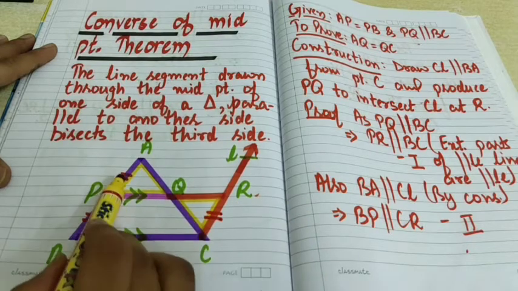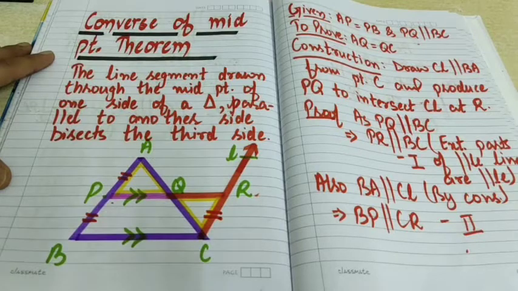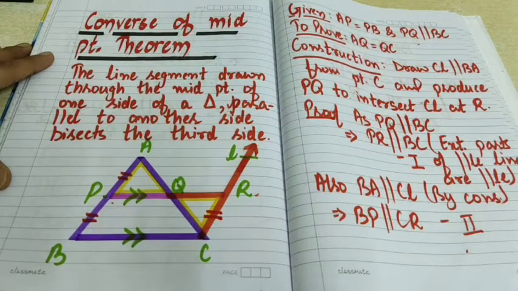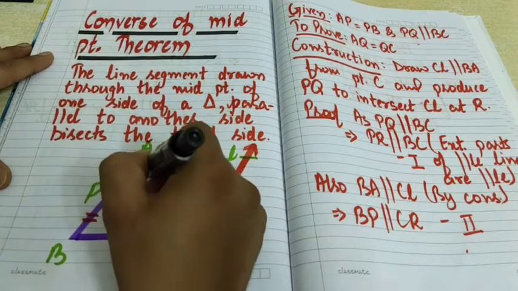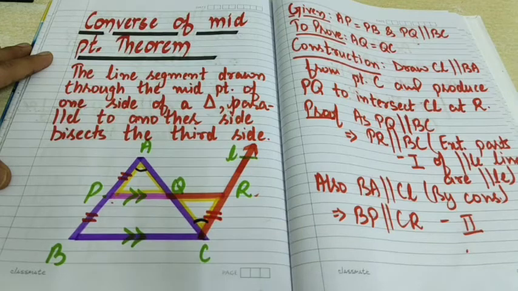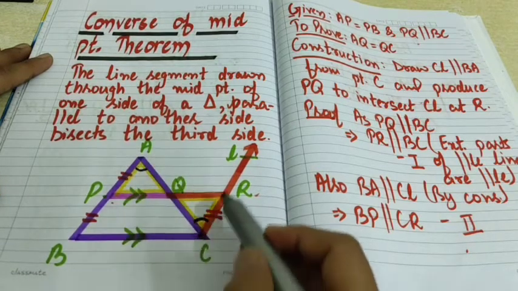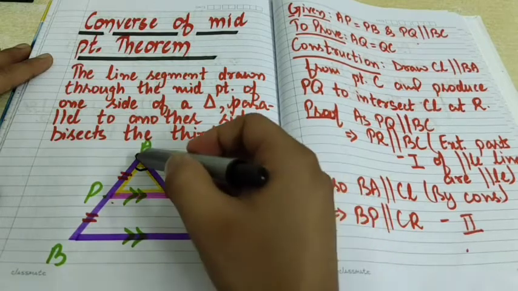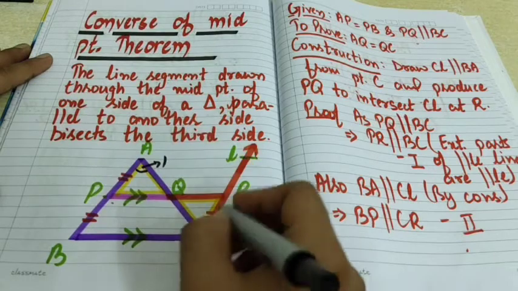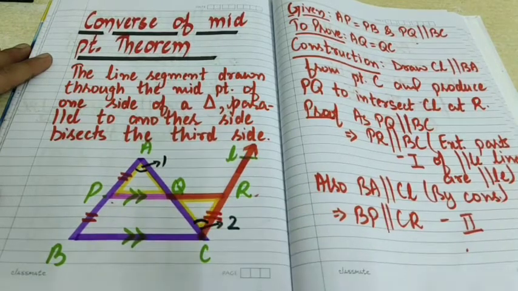So we have proved that CR is equal to AP. Now if we talk about these two highlighted triangles, we can see that this angle is equal to this angle. The reason is, since BA is parallel to CL and AC is a transversal, angle 1 is equal to angle 2, alternate interior angles.